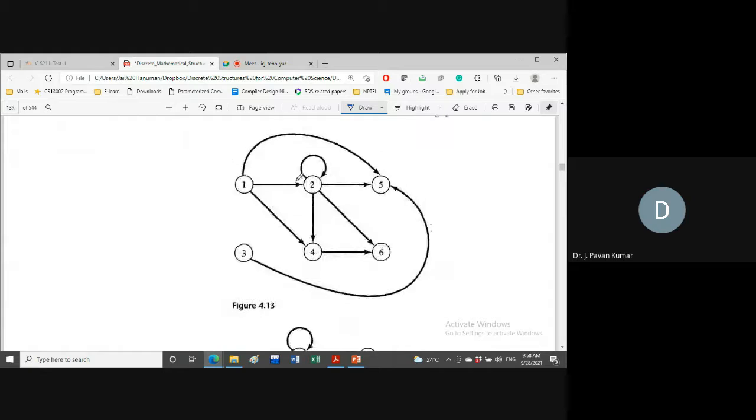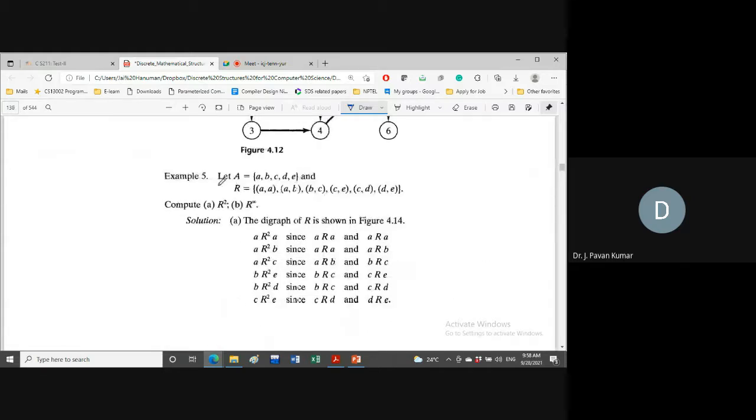A is equal to {A, B, C, D, E}, and R is defined on the same set, and R contains some tuples: (A, A), (A, B), (B, C), (C, E), (C, D), (D, E). Now we have to find MR2.